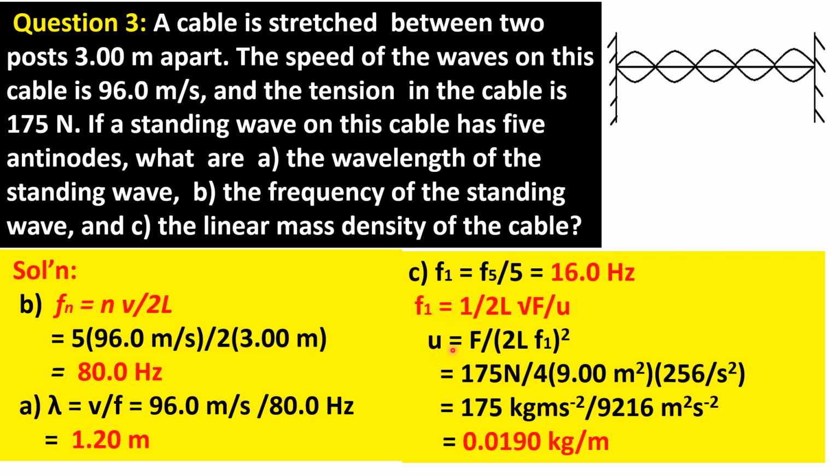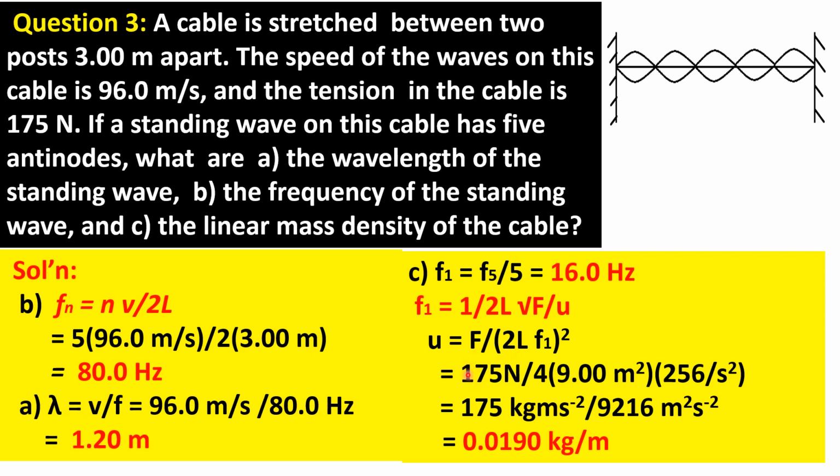Mu will be equal to the tension F divided by the quantity 2L times F1, quantity squared. So we have to square the product of 2L and F1 before you divide F, as shown in our substitution.